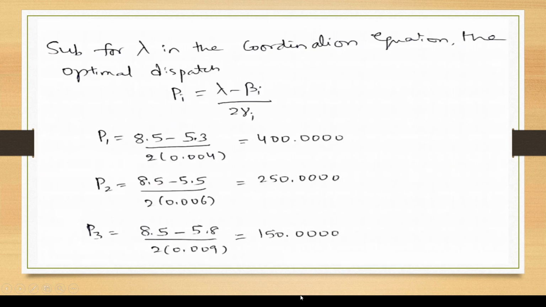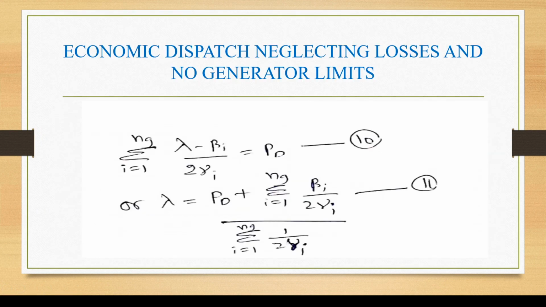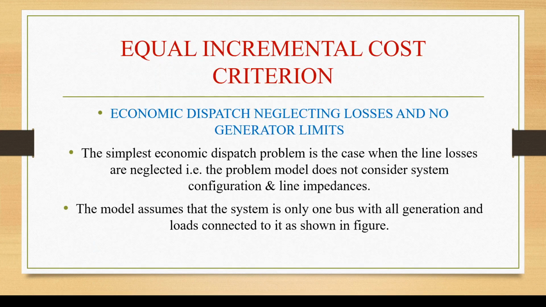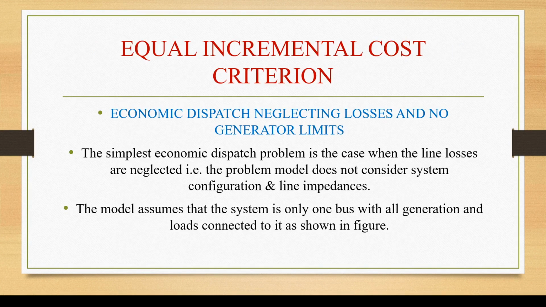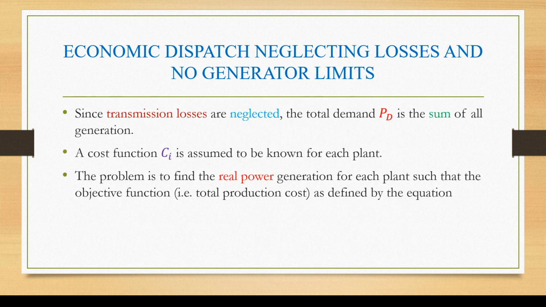So in today's class, let me take a few moments to recap. We have seen economic dispatch neglecting transmission losses, with and without generator limits, and we have solved a numerical problem based on this topic. We considered a model with only one system where all the generators and loads are connected, so transmission losses are neglected.